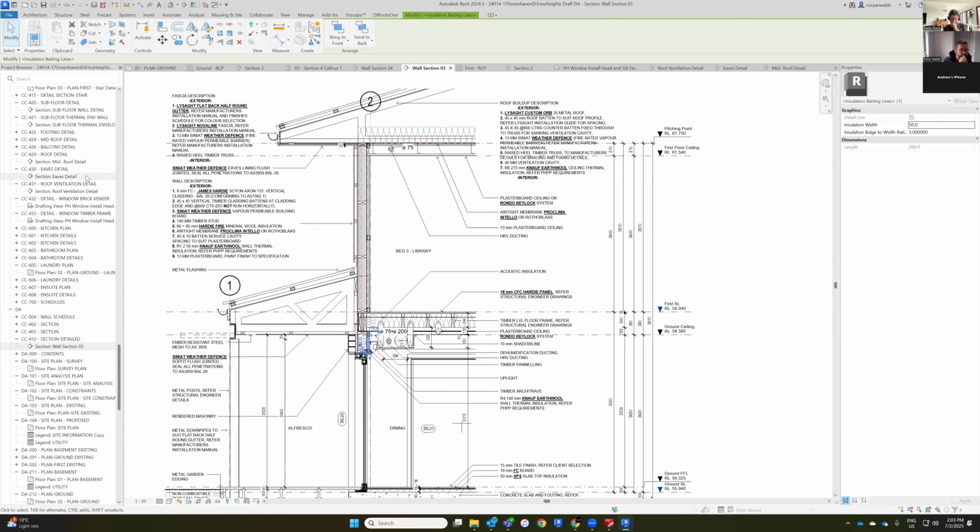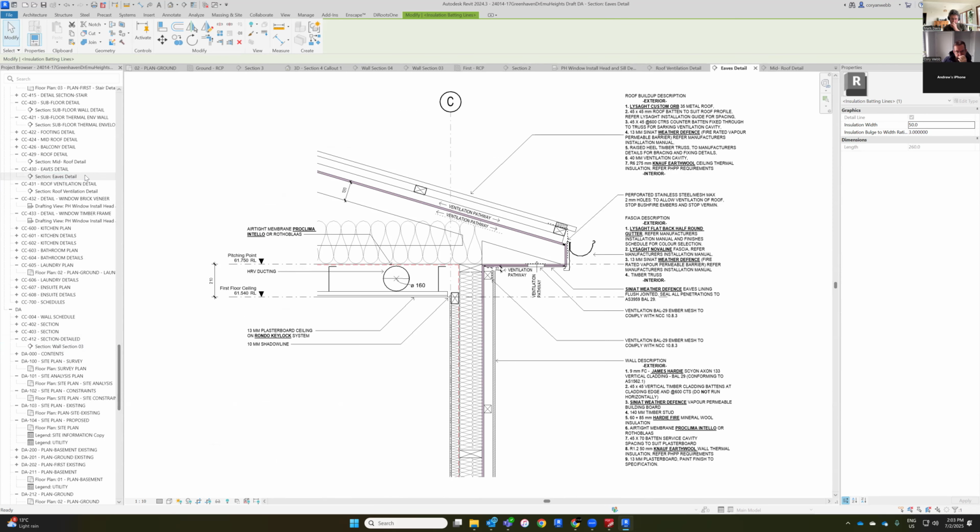The eave detail. I've been working on this one too, as we've changed it to a raised heel truss. I'm not sure if that's exactly how you draw it, Mark. Yeah, that looks pretty close, as long as you've calculated it for the insulation, I've said the R2 and the R4.